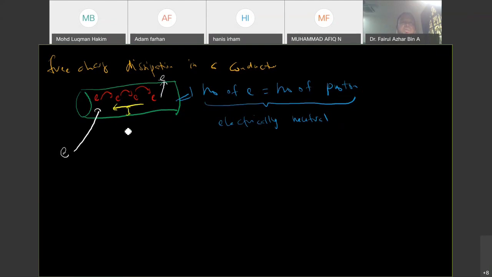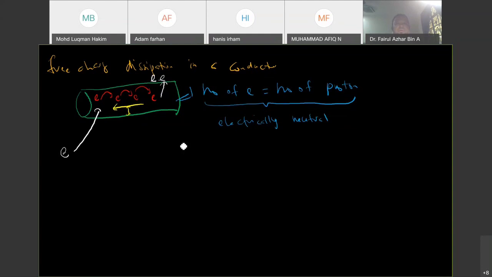If we put in two charges, then we will have two excessive charges located at the surface of the conductor. If we have three, then we will have three electrons. The number of electrons moved to the surface will be the same as the number of charges injected inside this conductor.